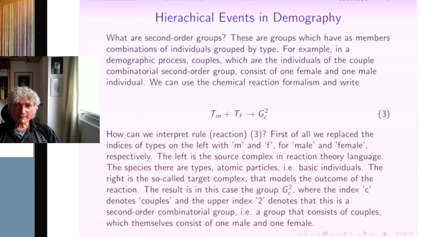So demography is a very good example, and here you have couple formation. Then you can also go to higher order groups. Couples, for example, could form something like a tribe, or you can collect all the couples from a certain village, etc. If that would be relevant for demography, you have the village structure and how many couples the village is separated into, for example.